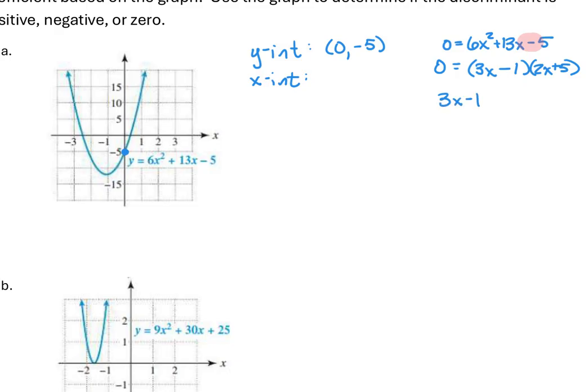If we set each factor equal to 0, we can add 1 to both sides. We can divide by 3, and we get 1/3. And for my other one, if we set it equal to 0, we can subtract 5 from both sides, and we can divide by 2.